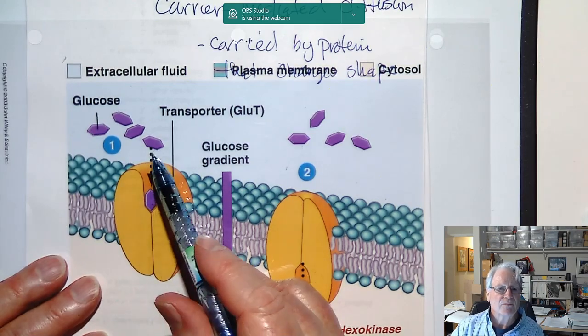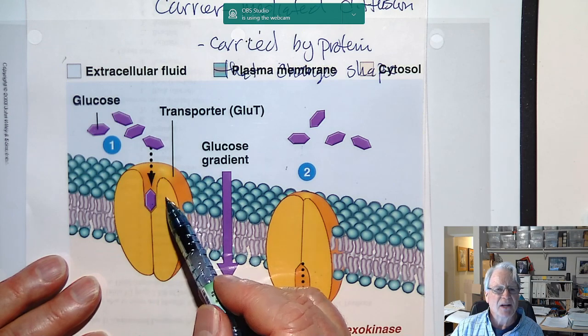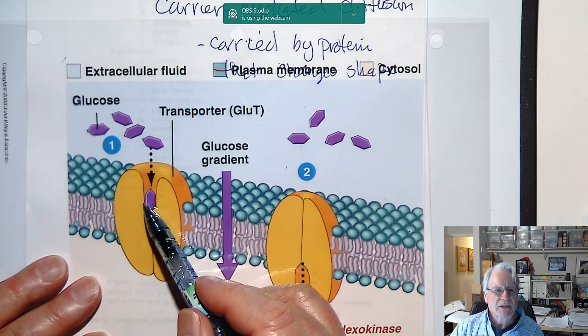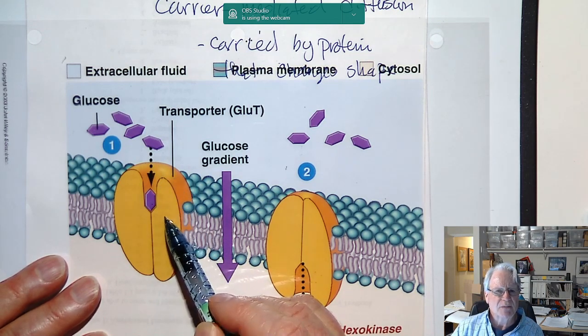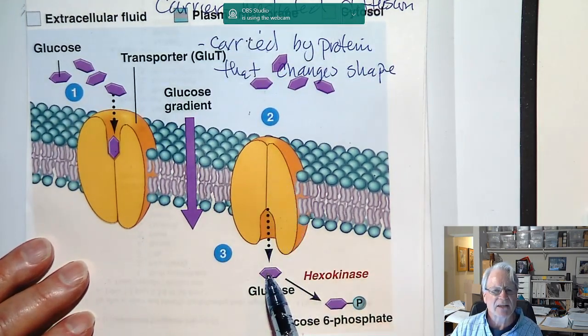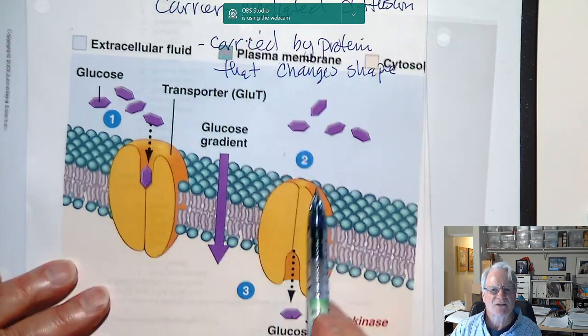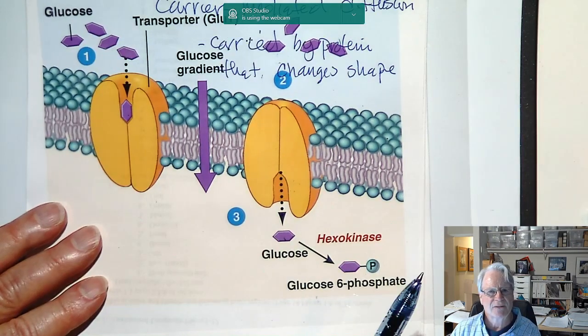So glucose binds to the molecule. By binding to the molecule, it causes that protein to change shape. The change in shape of the protein moves that glucose across the membrane. Again, we're going down the concentration gradient from high concentration to low concentration.